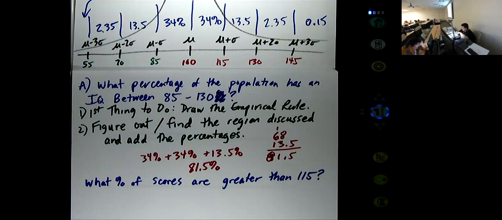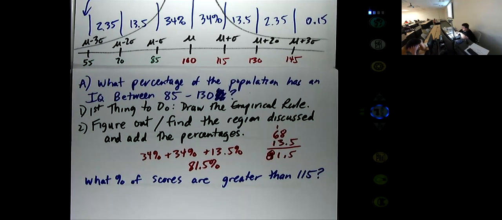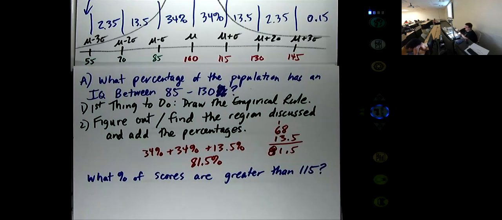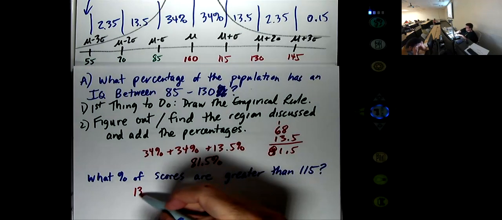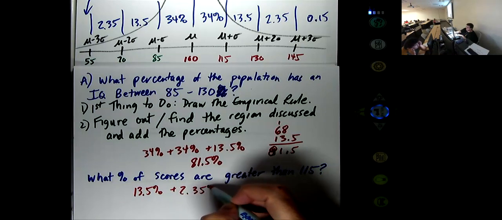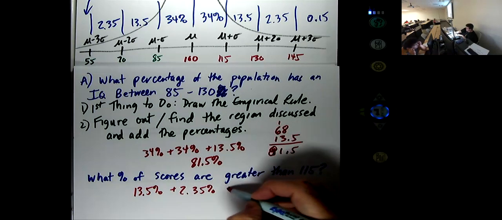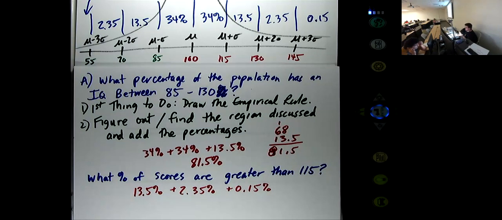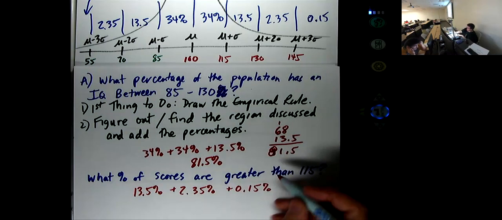So if I look at my chart up there, I have 13.5% plus 2.35% plus 0.15%. This adds up to 16%.